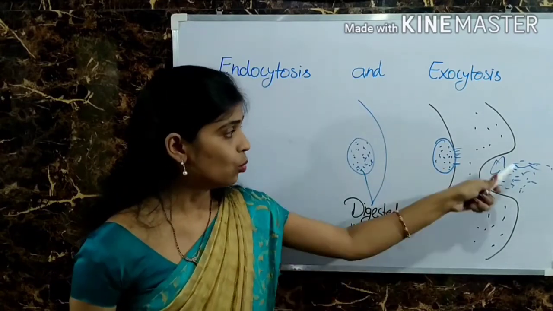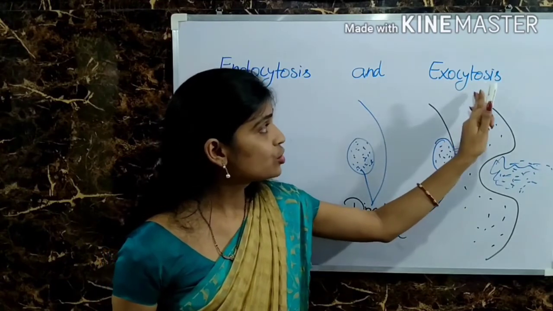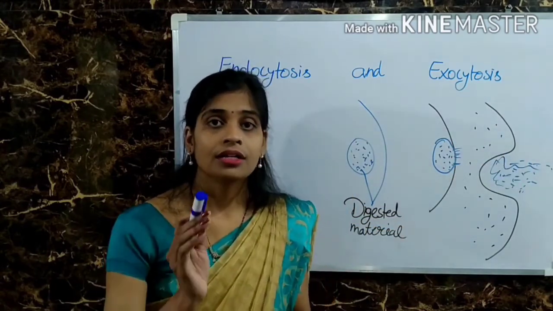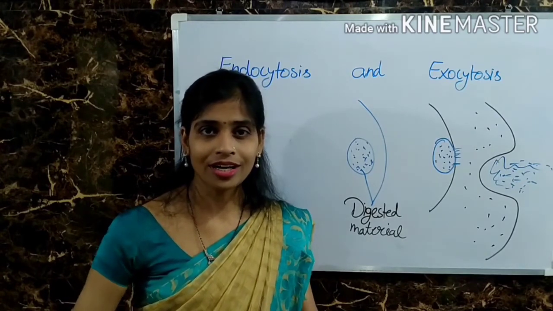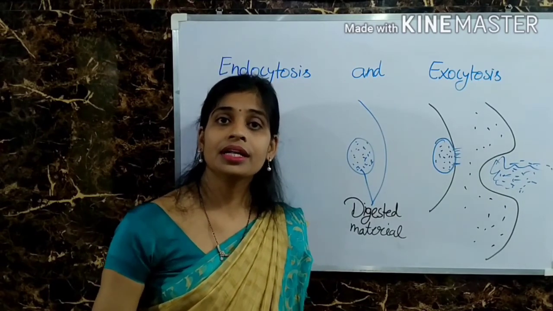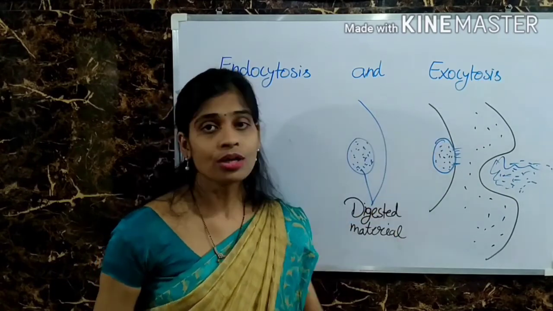So the waste taken out from the cell is exocytosis, and literally it is called cell vomiting. The unwanted and undigested food material taken out from the cell is called exocytosis.